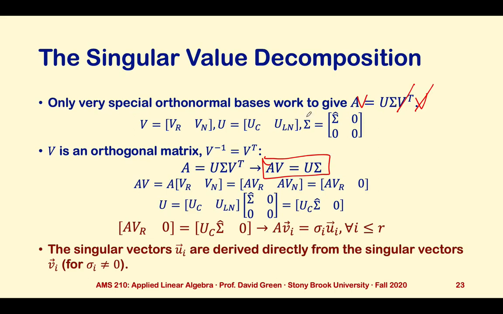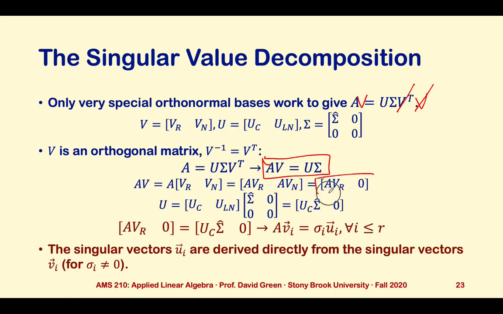Think about what this now means. AV is A times this row space block and this null space block, which can be written as A times Vr, A times Vn. But Vn contains only vectors that are in the null space, so A times those has to always give us 0.